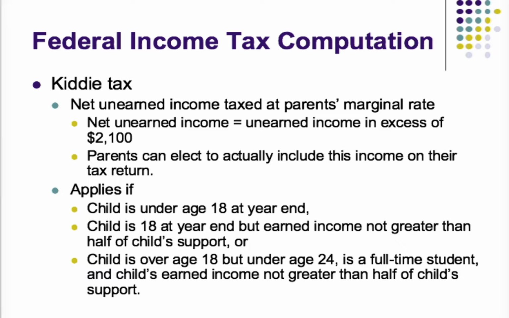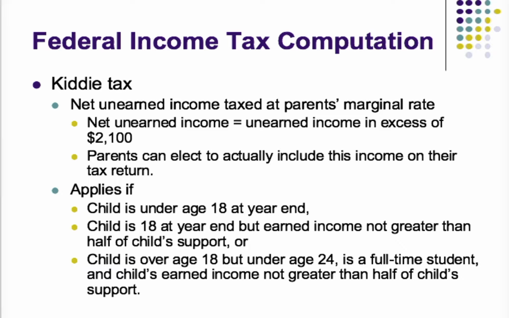Now, kiddie tax is the federal government's answer to parents trying to shift investment income to their kids who are taxed at a lower rate. So any net unearned income of a child is generally going to, because of the kiddie tax, be taxed at the parent's marginal rate. That means whichever bracket the next dollar earned in your parents' tax bracket is.